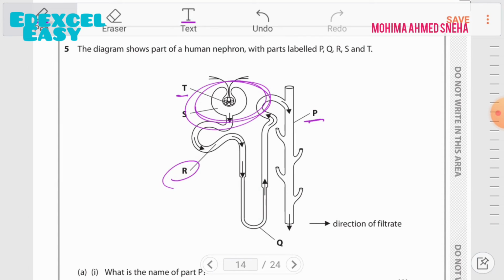Now, in a urine sample from normal patients, they will not have protein because their Bowman's capsule is perfectly fine. So they won't allow proteins to pass through, because they don't have pores big enough for proteins to pass through.